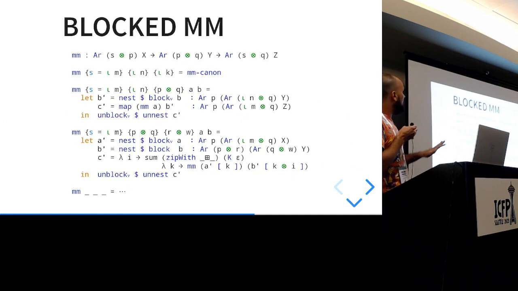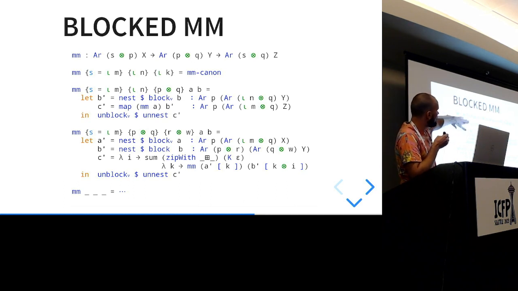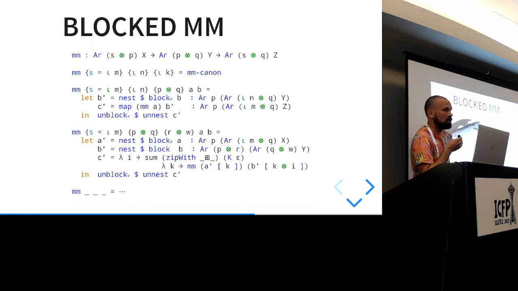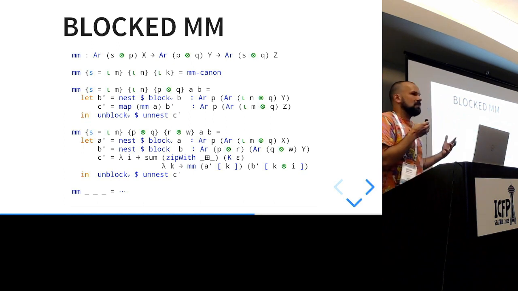Okay. And this is all. Again, don't read too much of the code, but this is going to be the general structure of our blocked matrix multiplication. We start with exactly the same signature, and then we just consider all the cases that S, P, and Q, the subcomponents of the shape, can consist of.